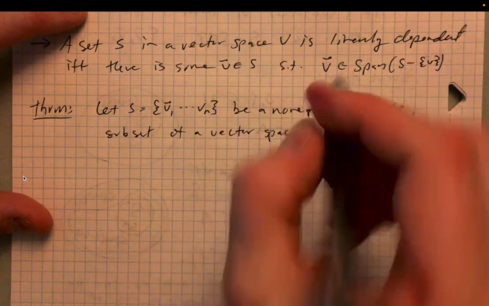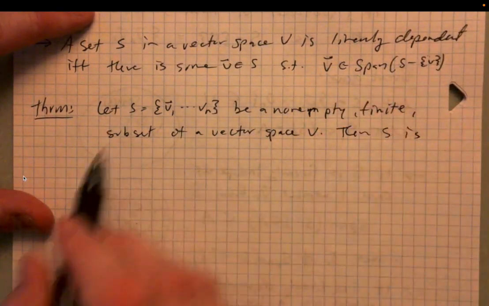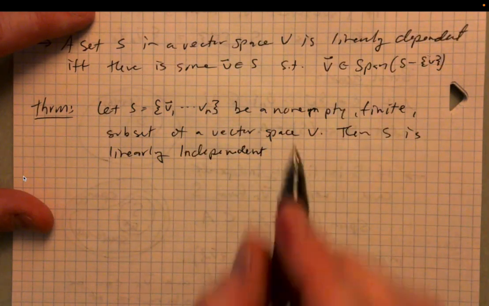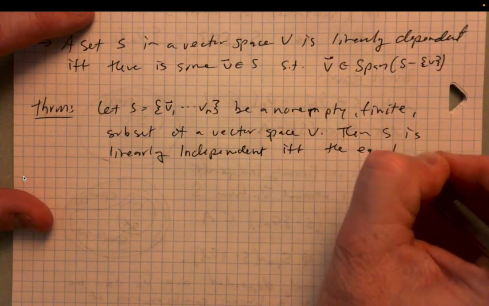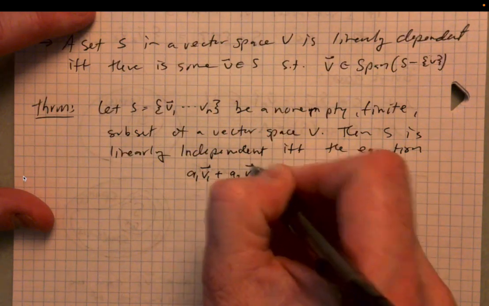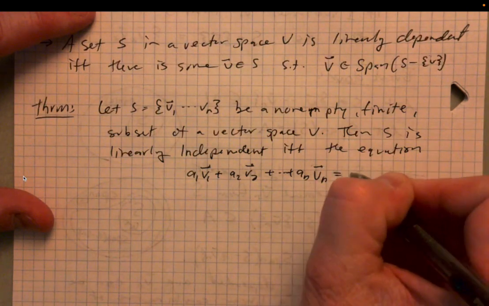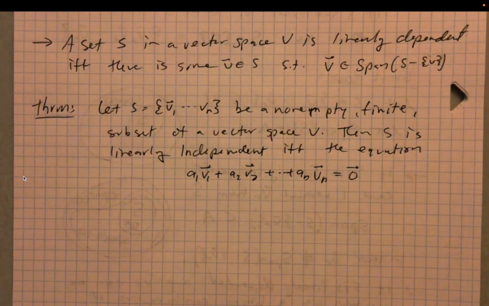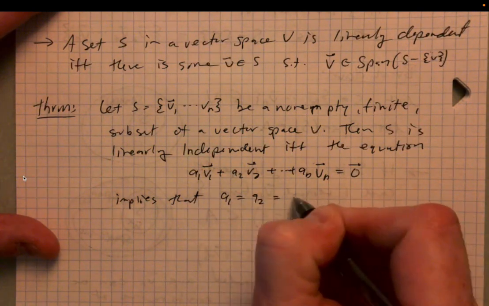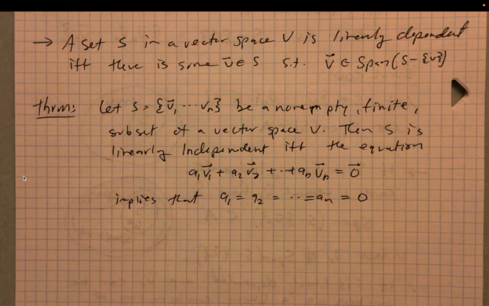Then S is linearly independent if and only if the equation, taking all the vectors in S and creating a linear combination set equal to the 0 vector, a1 v1 plus a2 v2 plus dot dot dot an vn equals 0, implies that a1 equals a2 equals dot dot dot equals an equals 0, namely all of the scalars in this linear combination are 0.